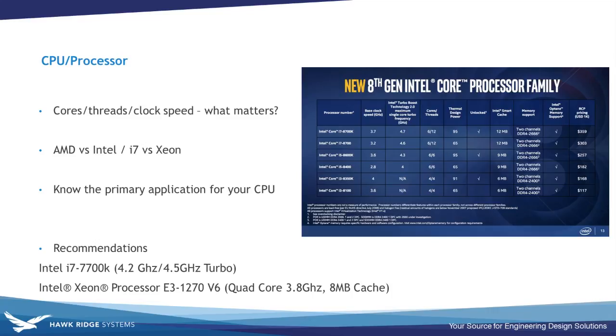But in-house here at Hawkridge Systems, most of our machines, if not all of them, are running Intel processors. So we're generally going to recommend you stick with Intel. That's what we have here. If you call in for support, we'll be able to better diagnose, and most of our recommendations are tailored with this in mind. So you say, okay, now I want a fast Intel processor, high clock speed.